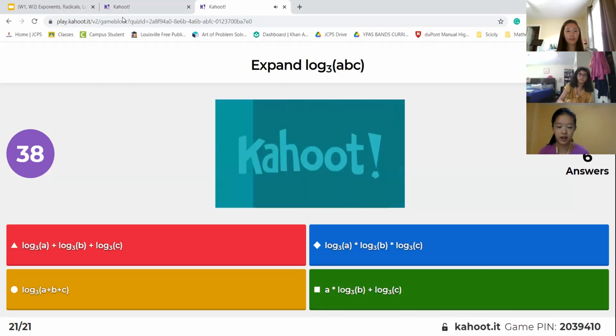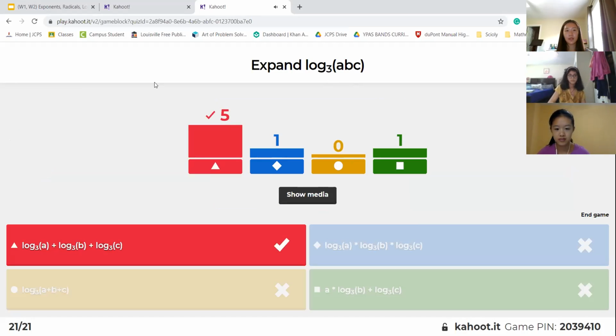We may want to cut this at 30 seconds so we don't have to wait too long. Okay, I think I'm just gonna go now. Most of you got it right. So you expand it and give each one their own logarithm and add them.